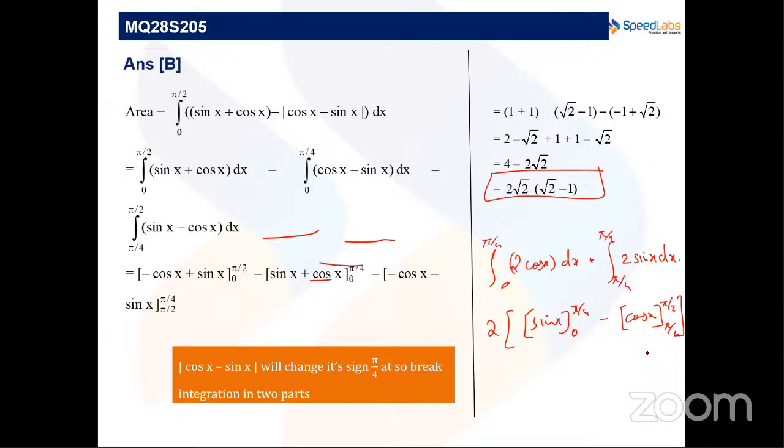Put these values and solve, and you will get the required answer. So our option was B.